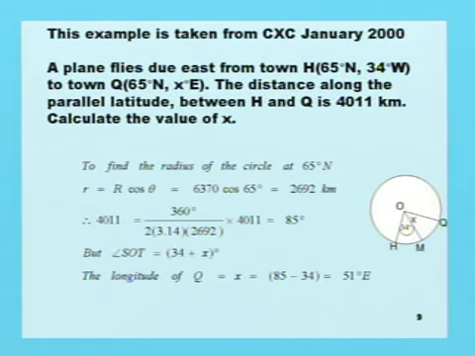To find the radius of the circle at 65 degrees north, little r is equal to big R cos theta, which is equal to 6,370 cos 65, which will give us 2,692 kilometers.